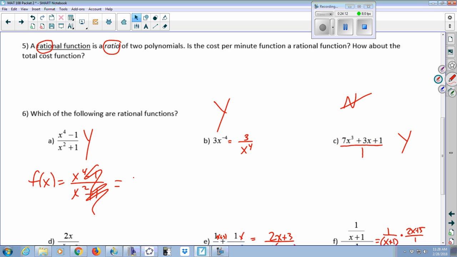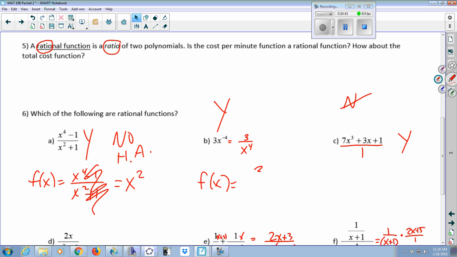X squared. So as x gets large in the positive direction and large in the negative direction, what is this function approaching? Infinity. It doesn't have a number that it approaches. Okay, so anytime the degree of your numerator is bigger than the degree of your denominator, you do not have a horizontal asymptote. No horizontal asymptote.